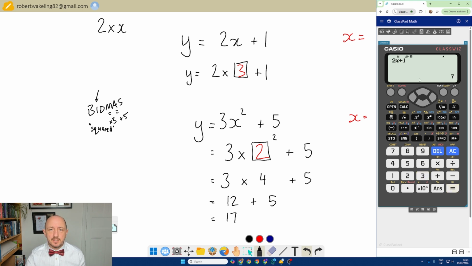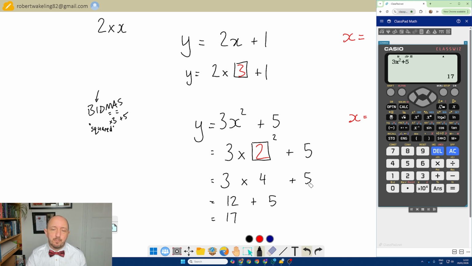And it gives us our 7, 2 times 3 plus 1. Then 3x squared plus 5, calculate this with x equals 2 this time. And there's our 17.